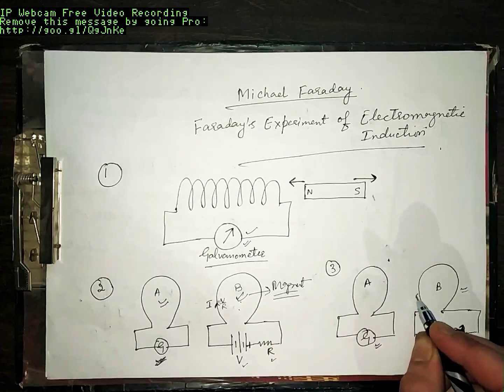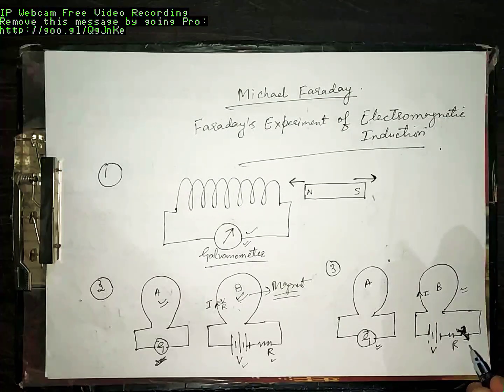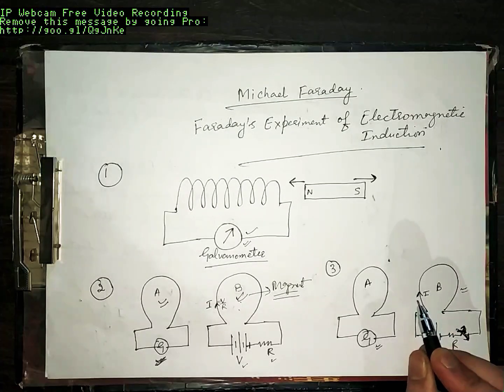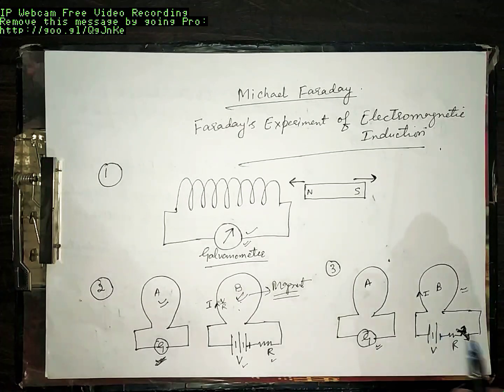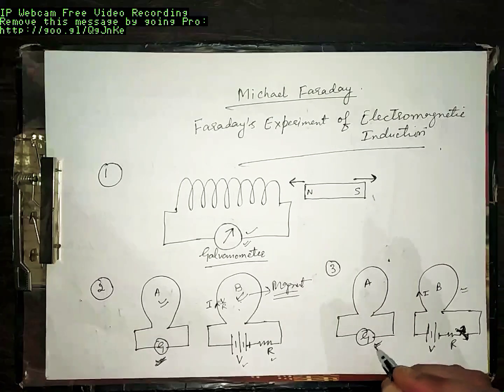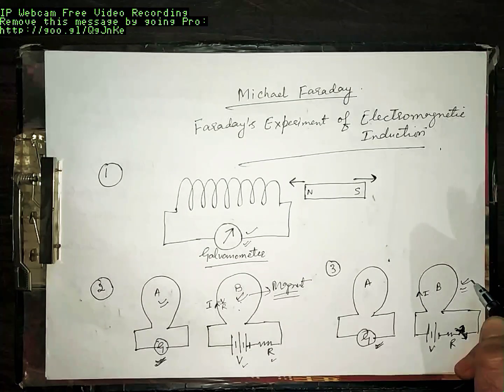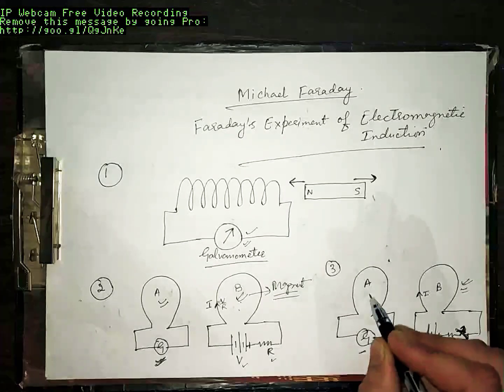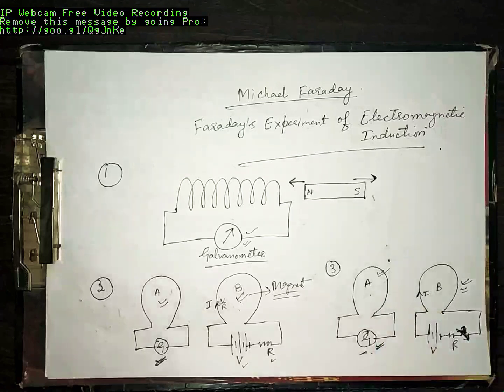Current I flows in coil B, and this produces a magnetic field. It was found that this galvanometer G showed deflection. Though current was flowing in coil B, the galvanometer connected to coil A showed deflection. That means there was some current flowing through coil A as well.